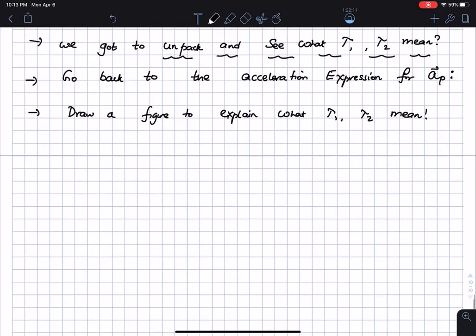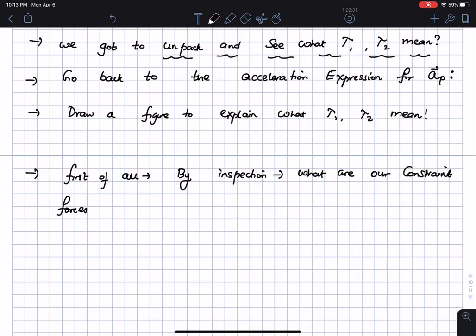Okay, first of all, by inspection, what are our constraint forces? These are nothing but the normal force, right? I mean, the tube and the particle are in motion. The particle is moving relative to the tube, so there is friction between the tube and the particle in the radial direction.